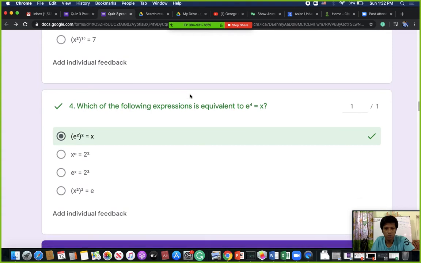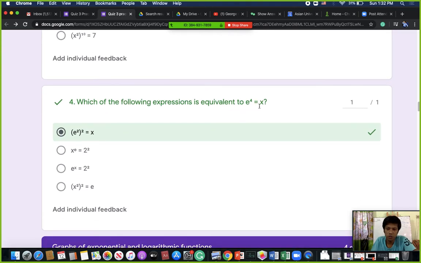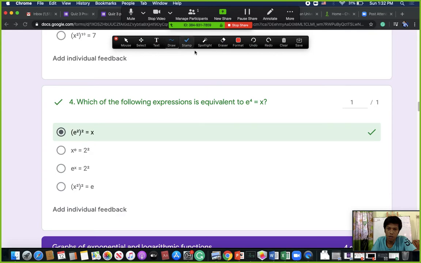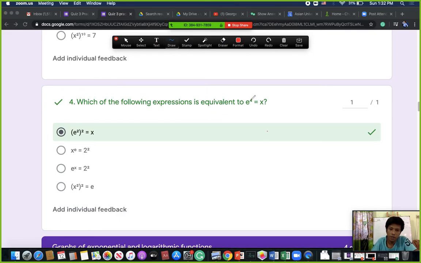Then, which of the following expressions is equivalent to e to the power x? e square, e to the power 4 equal to x. This math is actually easier, because you see, this is 4, right? So this 4 we can break down to e square whole square.